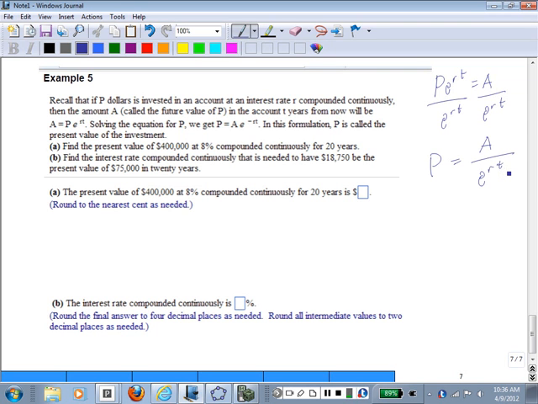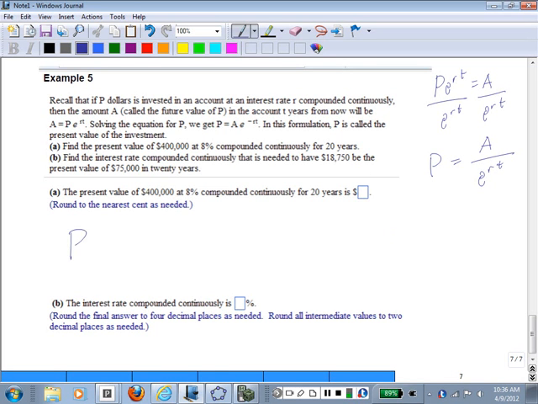Just take the amount that we want it to have off in the future somewhere and divide by e to the rt, rather than saying A times e to the negative rt. They're equivalent. If you take this and shove it up to the numerator and change the sign of the exponent, you get an equivalent expression. I just would prefer not to do it that way.